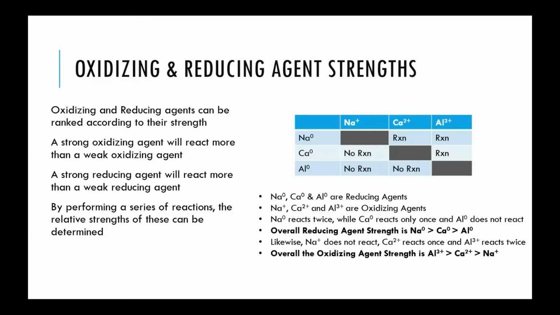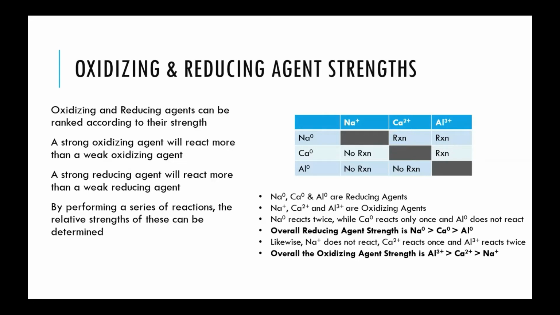Another term that was gone over a bit in the previous experiment was oxidizing and reducing agents. The first part of this experiment focuses on these half reactions of simple redox reactions and ranking the oxidizing and reducing agent strengths. That can be done through an array of different reactions.